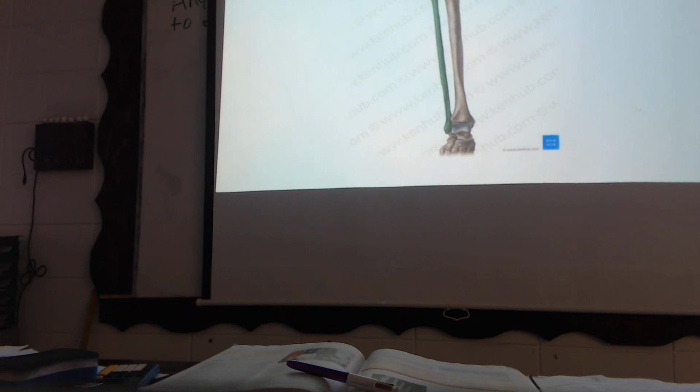Yep, there it is. Somebody explain to me the difference between medial and lateral. So if I had a midline right here, it's not very straight. Midline right here. Anything towards this side is medial, this side is lateral.